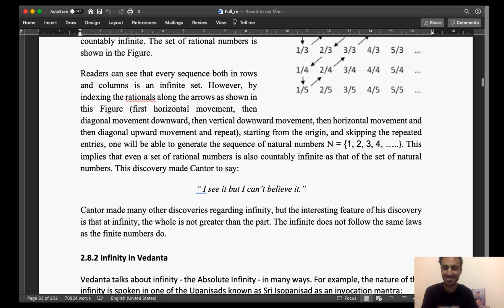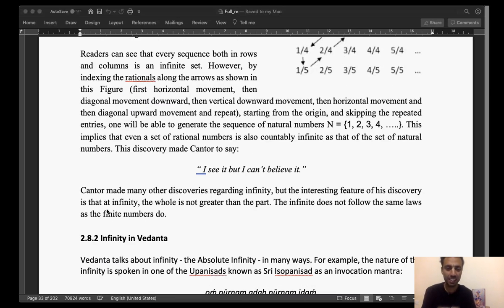Oh, rational versus irrational. Okay. If you take any two rational numbers, how many irrational numbers can you find in between? Infinite. Okay, take them very close.